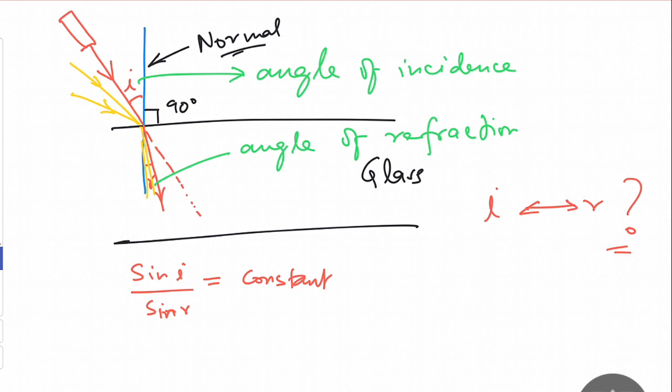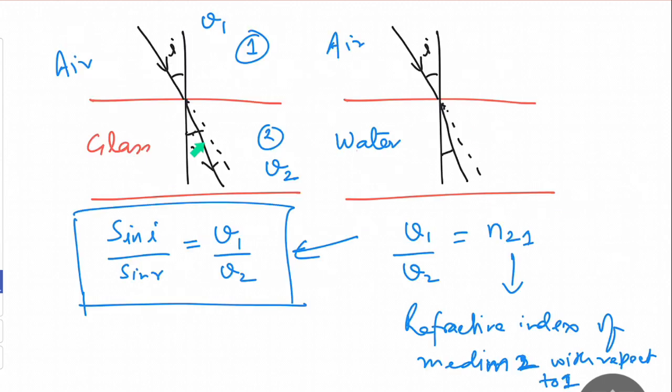The second is that when you have two different media, even if the incident angle is the same, the angle of refraction is not the same, and the ratio is equal to V1 upon V2, and V1 upon V2 is called the refractive index. Take a minute or so and write it down. Once you've taken your notes, please type in the chat window that you're finished, and then we will proceed from here.